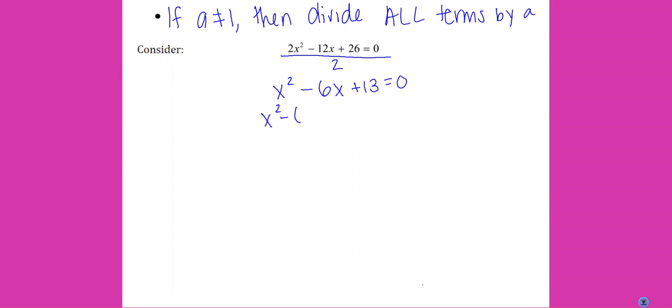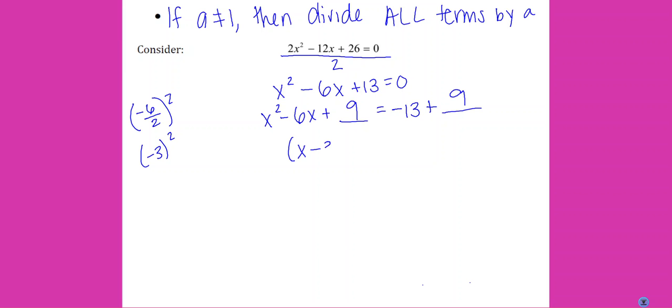We'll get our x's on one side. I'm going to leave space for the term that we're going to add, and then our constant on the other. B over 2 squared would be 9. X squared minus 6x plus 9 would become x minus 3 squared equals negative 4.